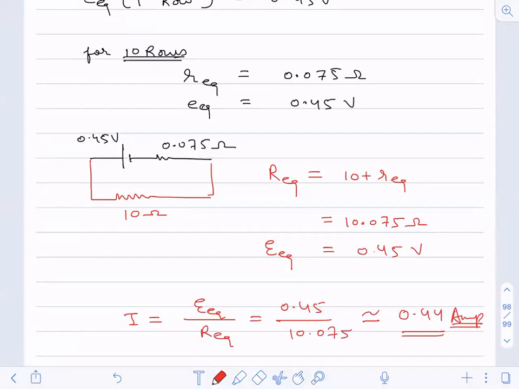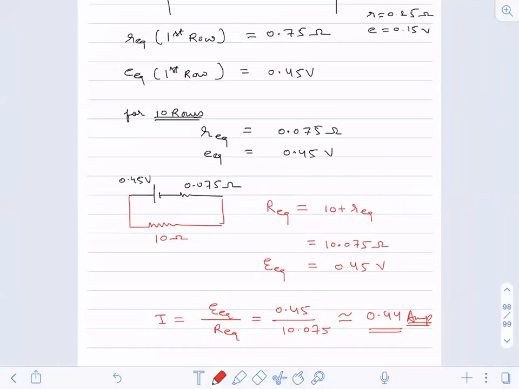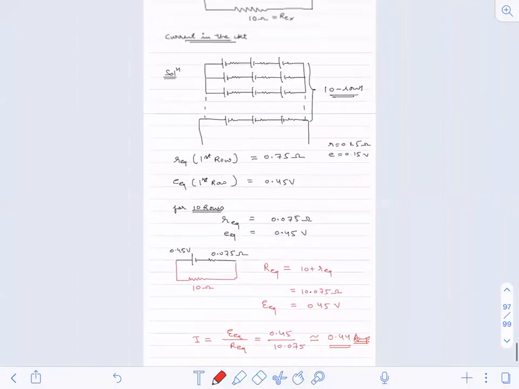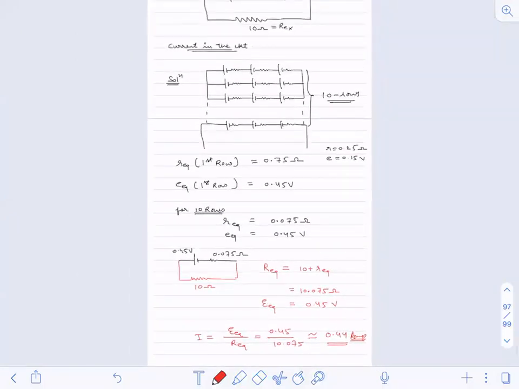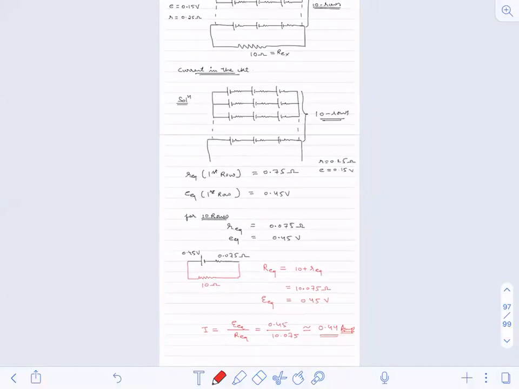Is it okay? Is anyone having any doubt in this problem?